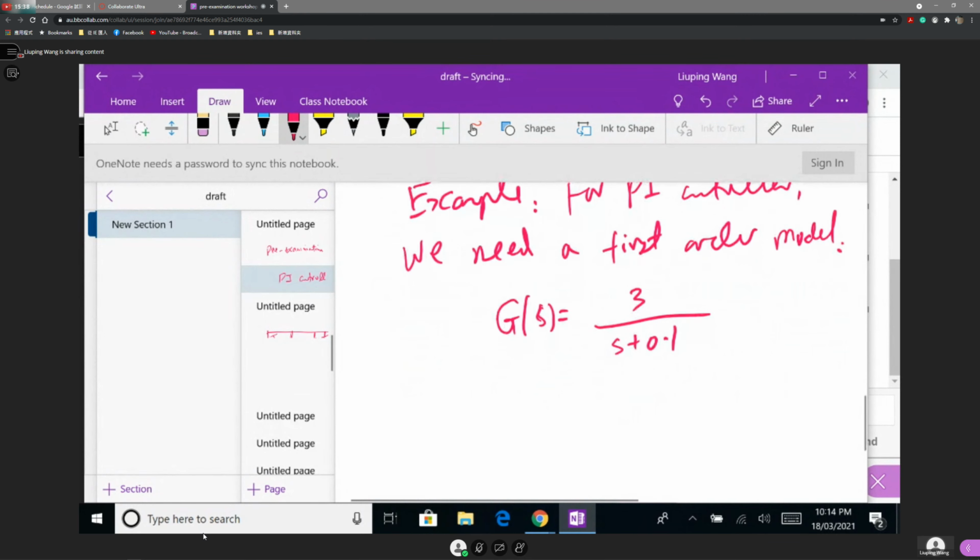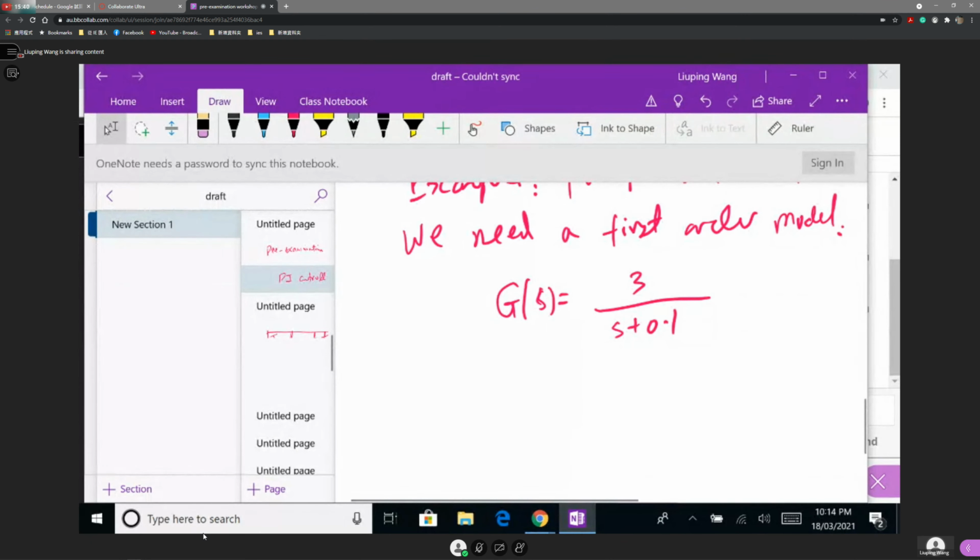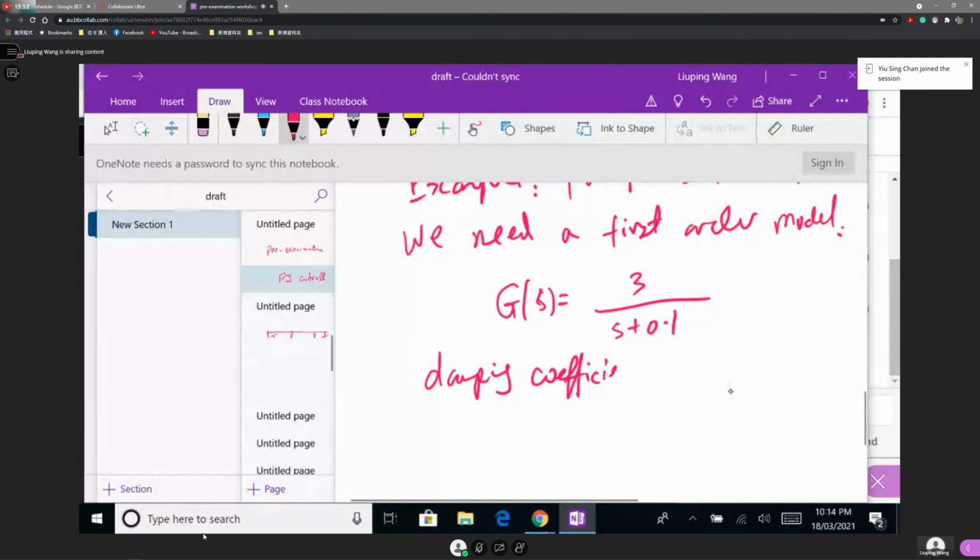I want to design a PI controller. I want the damping coefficient, and say the bandwidth omega n equal to 1.